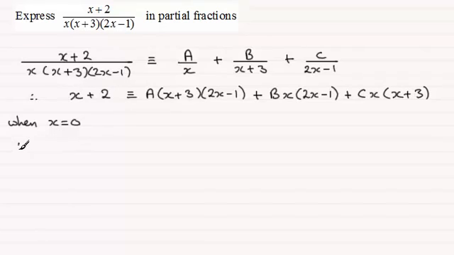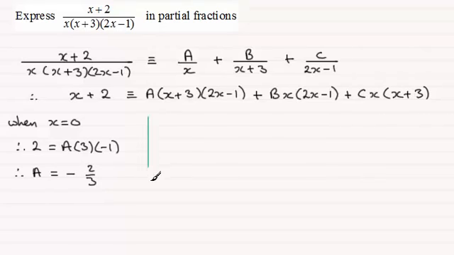So we've got 2 equals, and here we'll have A times 3, and this will be 0 minus 1, so that's going to be times minus 1. So you've got 2 equals minus 3A, so if I divide both sides by minus 3, you end up with A equaling minus 2/3. Okay, so that's A.